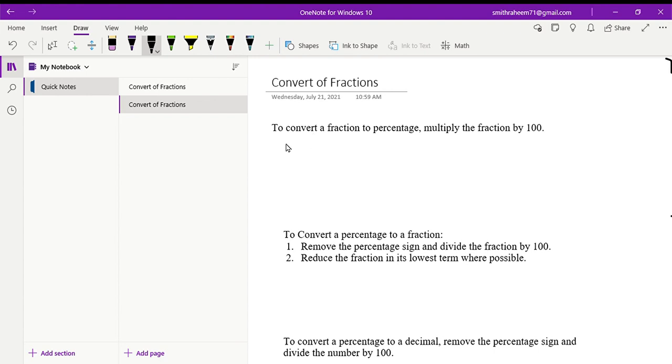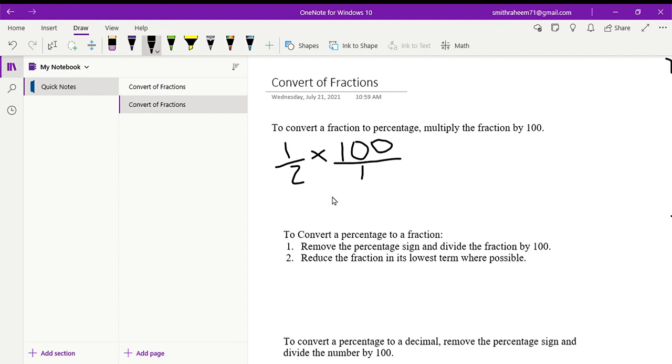Let's say, for example, you have half. Half would be the fraction, and you want to convert this half to a percentage. Well, you have to multiply it by 100. And remember, you have to put the 100 over 1, because you're dealing with fractions.